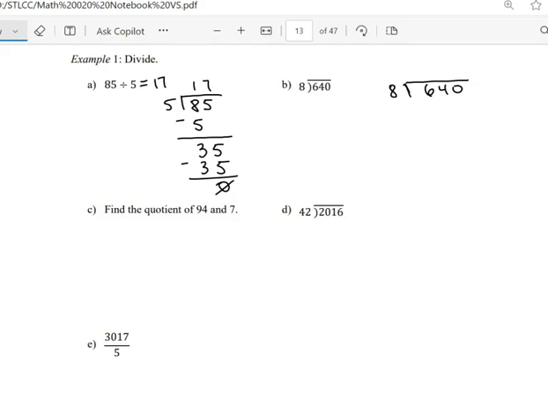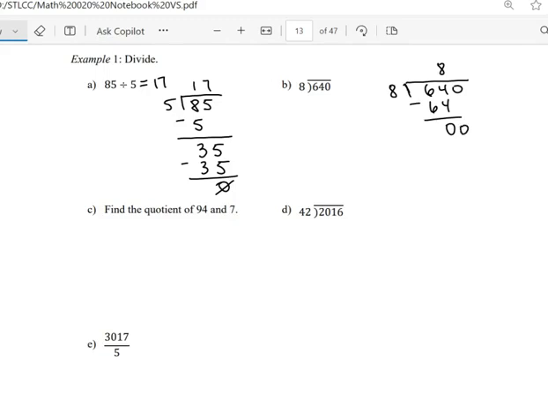Does 8 go into 64? It does. It goes 8 times. So 8 times 8 is 64. When you subtract, you get a 0. You haven't finished. Even though you did get the 0 as the remainder, you still have not finished, because you have not run out of digits of the number being divided.